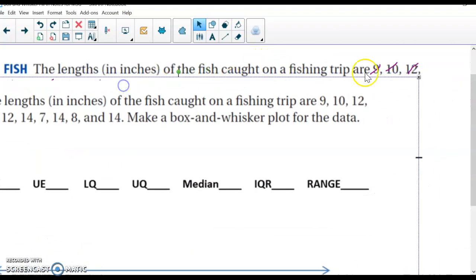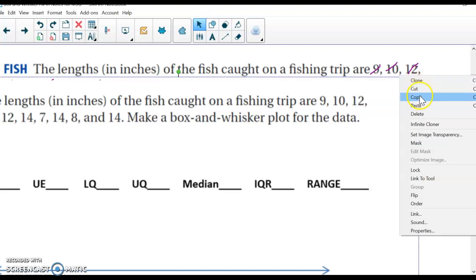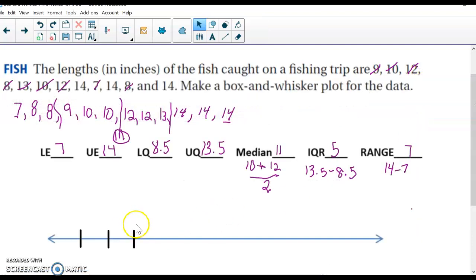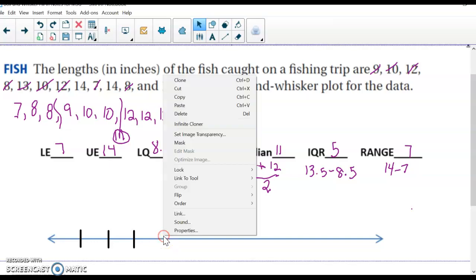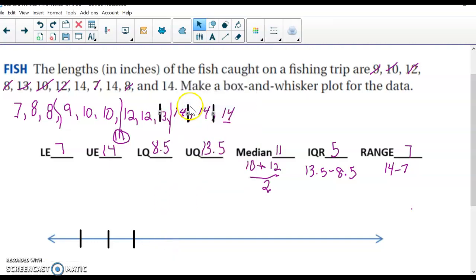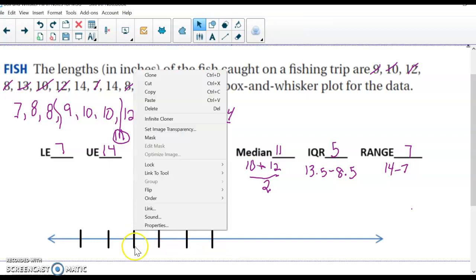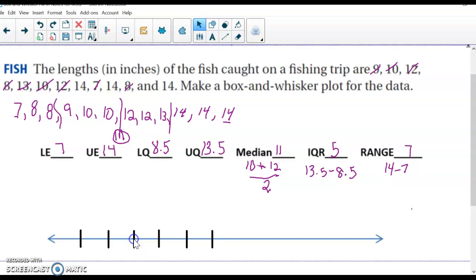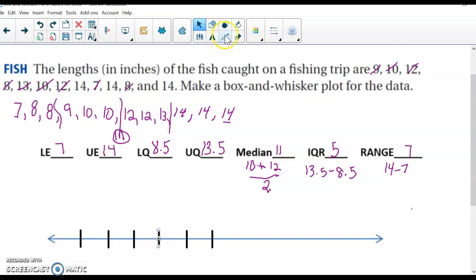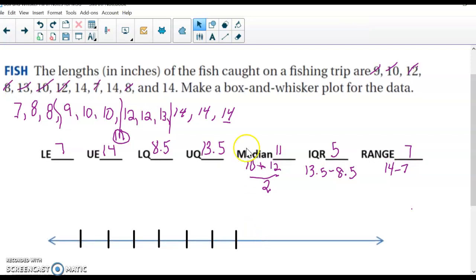Oh, that's interesting. Delete that. Paste. Seven, 8, 9, 10, 11, 12. Now maybe I can get this. You know what? I'm just going to come back up here and draw another line. I could have been done hours ago. And draw another line.